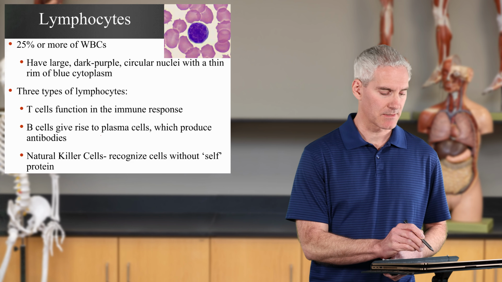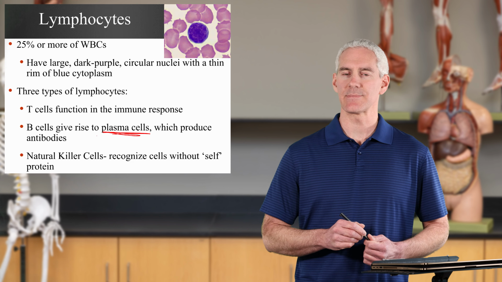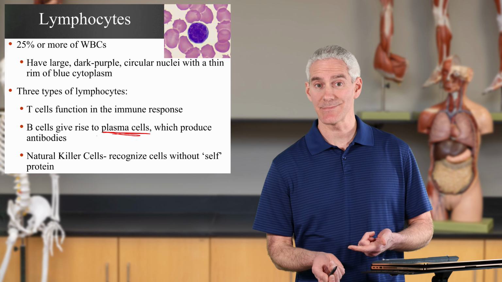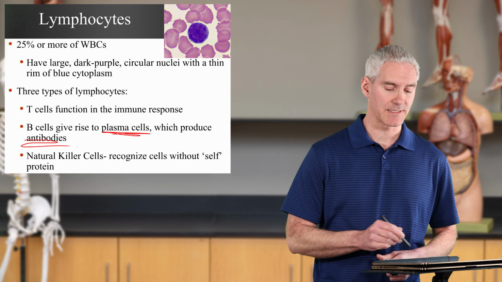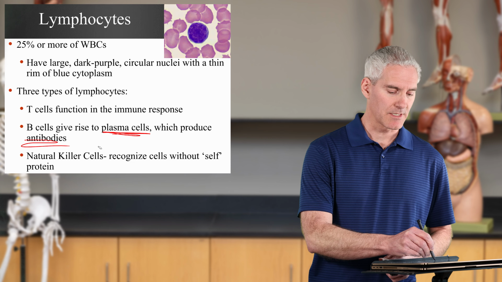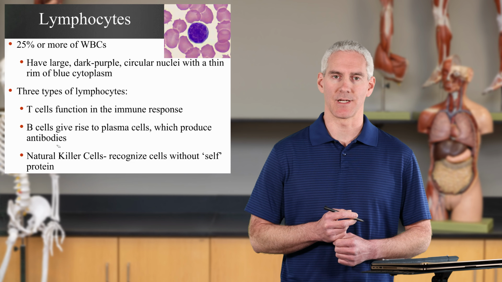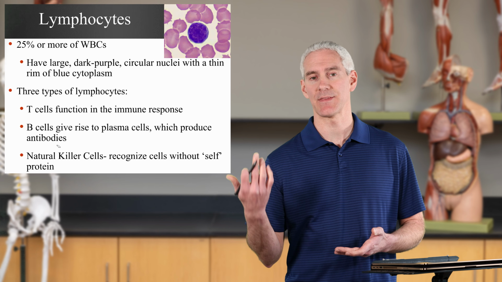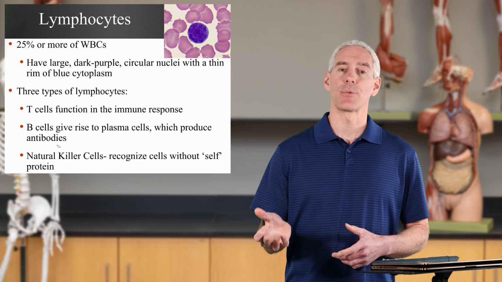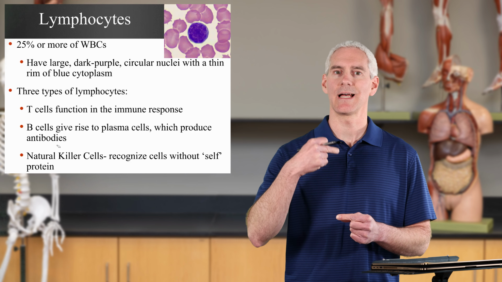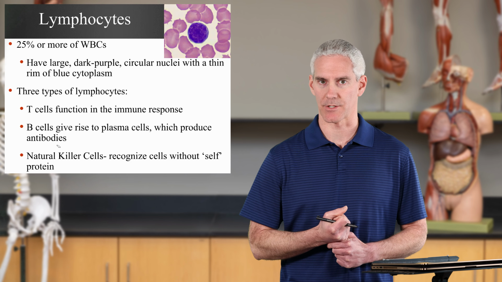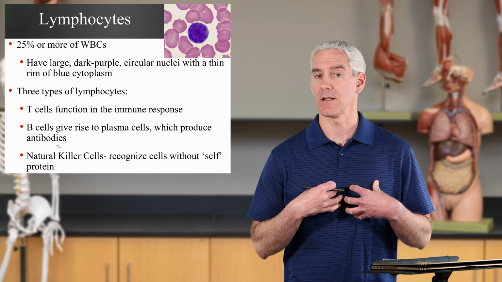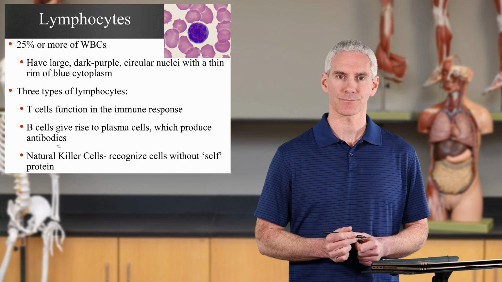The B cells make the plasma cells, and the plasma cells then give rise to the antibodies. So your B lymphocyte makes the plasma cells, the plasma cells then make the antibodies. And remember, antibodies are what recognize cell surface markers, whether they're your own cells or foreign cells.